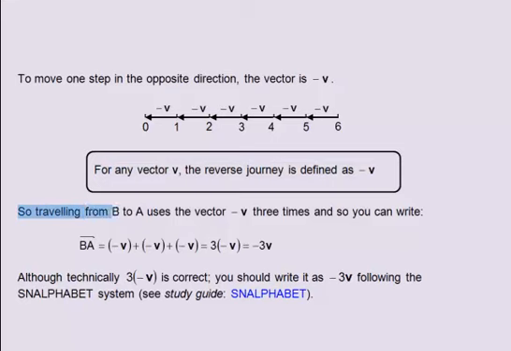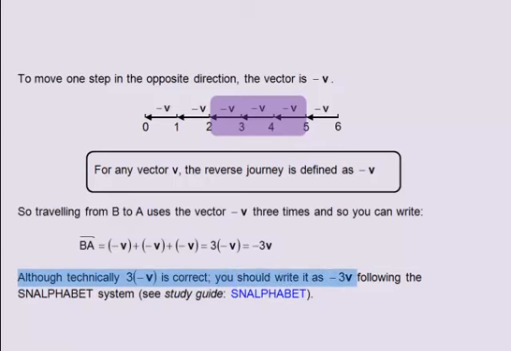So, travelling from B to A uses the vector minus v 3 times, as shown on the diagram above. So you can write BA equals minus v plus minus v plus minus v, which equals 3 lots of minus v, which equals minus 3v. Although technically 3 lots of minus v is correct, you should write it as minus 3v, following the Snalphabet system.